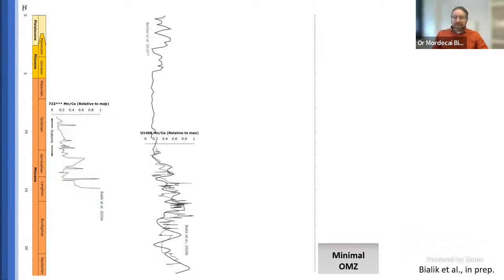There is a shift in the way the system works. When we start in the late Oligocene to early Miocene, we probably have a minimal oxygen minimum zone, and it's probably very close to the shores where the winds are affecting it.